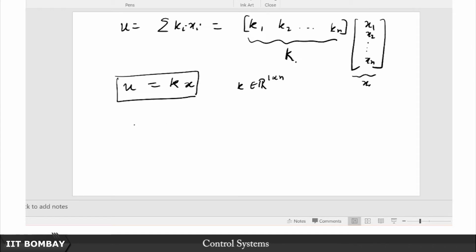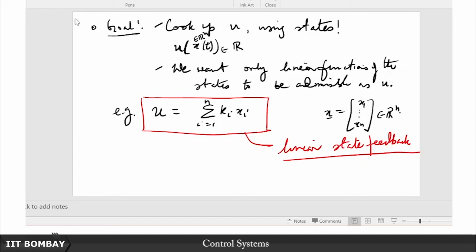Now if we plug this back in, what do we get here? x dot is equal to Ax plus Bu. Now of course there is something else that is missing here. Strictly speaking, this is only the autonomous part of the response. You have this system here, and you are giving some reference input here, but now you are also applying some sort of state feedback.